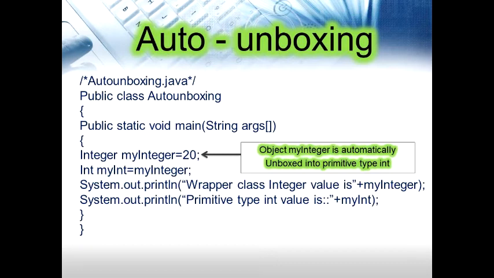Consider the following statements. Integer myInteger is equal to 20. int myInt is equal to myInteger. Here the object myInteger is automatically unboxed into primitive type int when the assignment myInt is equal to myInteger takes place. So let us go to the example of this program.